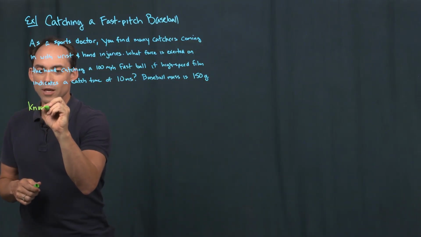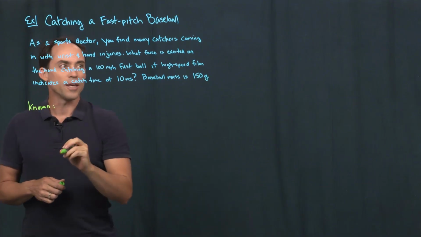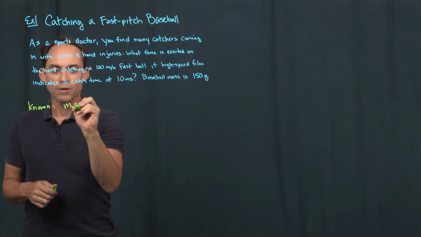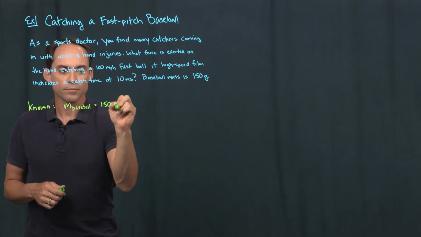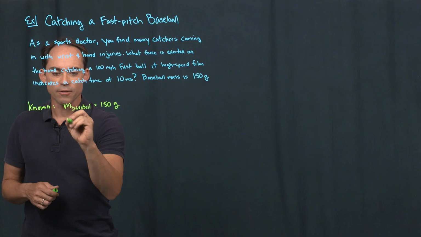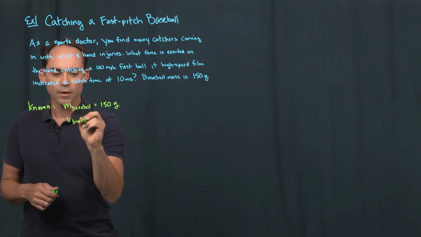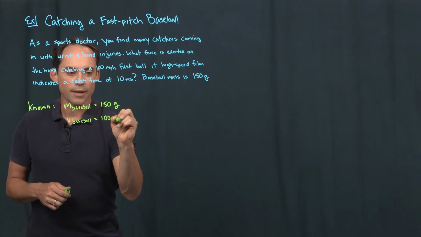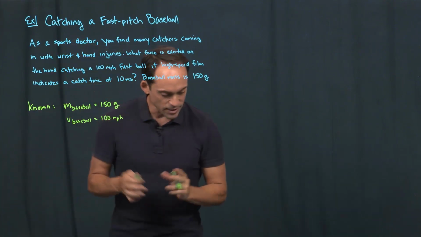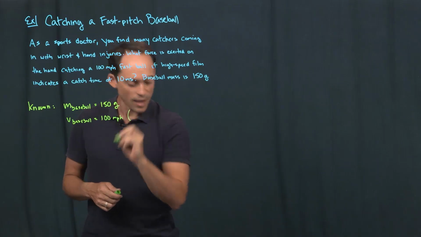The things that we know are the mass of the baseball, which is given as 150 grams. We also have a speed of the baseball, which is equal to 100 miles per hour. That's not in our SI units, so we should convert it.